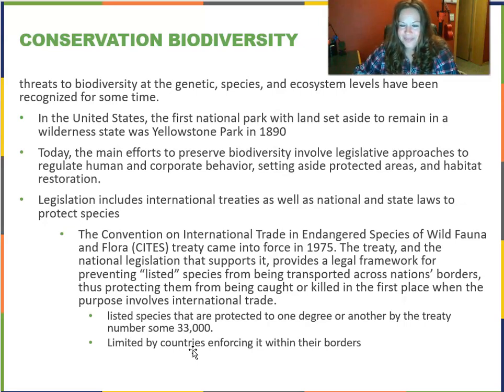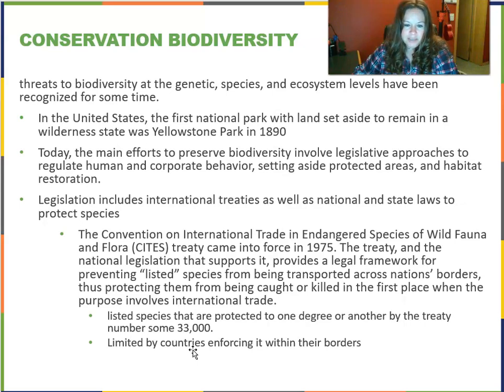We knew there was something up. Today, the main efforts to preserve biodiversity involve legislative approaches to regulate human and corporate behavior, like setting aside protected areas and habitat restoration. So legislation includes international treaties as well as national and state laws to protect species.